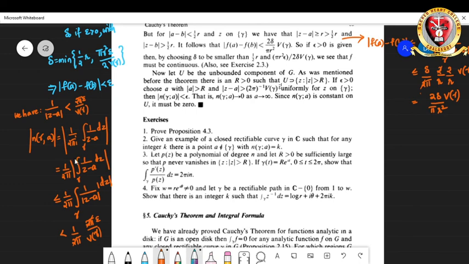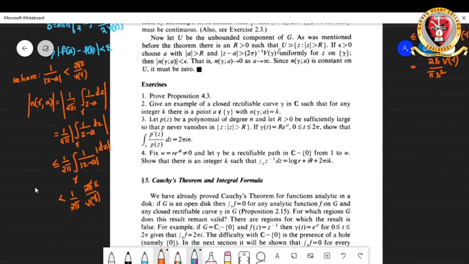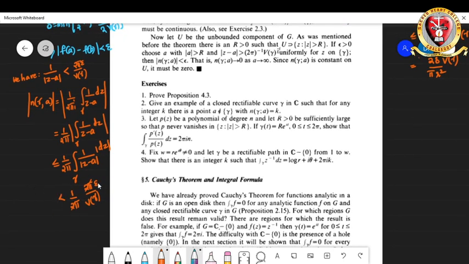That is equal to modulus of 1 by 2 pi i integral over gamma of 1 by z minus a dz. That is equal to 1 by 2 pi modulus of the integral over gamma of 1 by z minus a dz, which is less than or equal to 1 by 2 pi integral over gamma of 1 by modulus of z minus a into modulus of dz. And finally that is strictly less than epsilon by V of gamma.